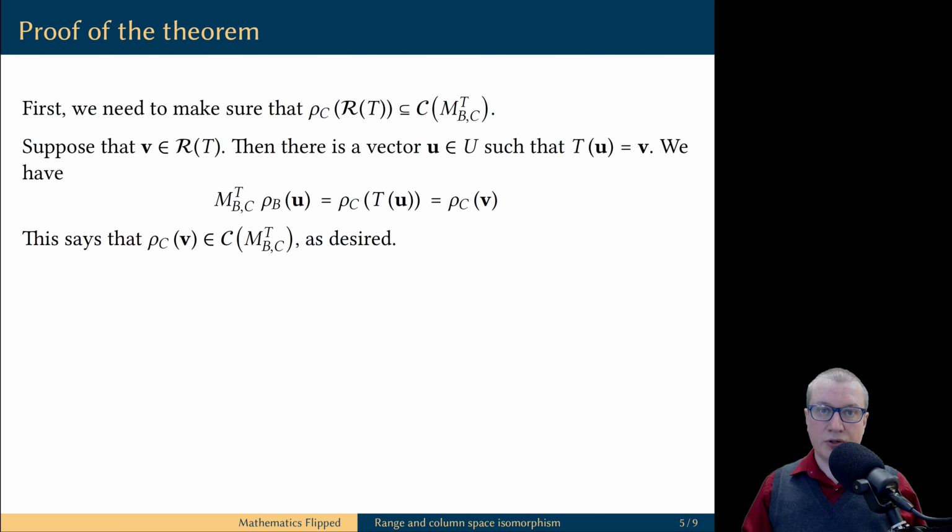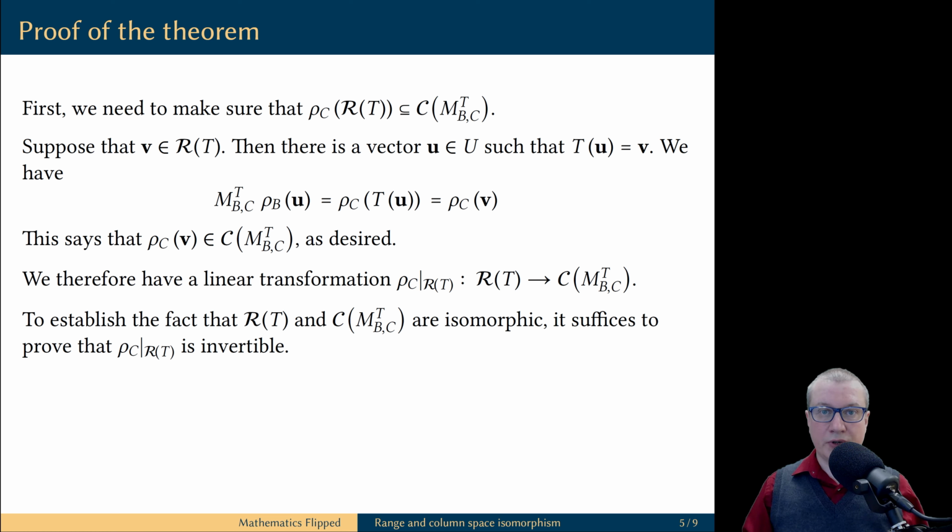In this case, it is rho B of u. But this matrix vector product is a linear combination of the columns of the matrix representation, and linear combinations of the columns of the matrix are precisely the elements of the column space of the matrix. This shows that rho C of v is an element of the column space of the matrix representation.